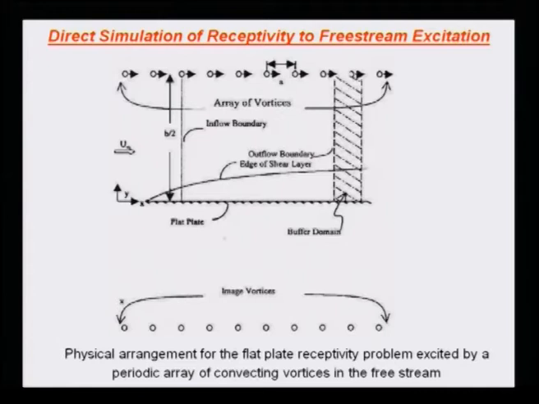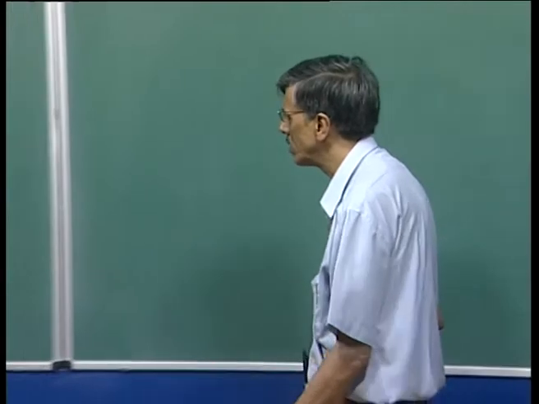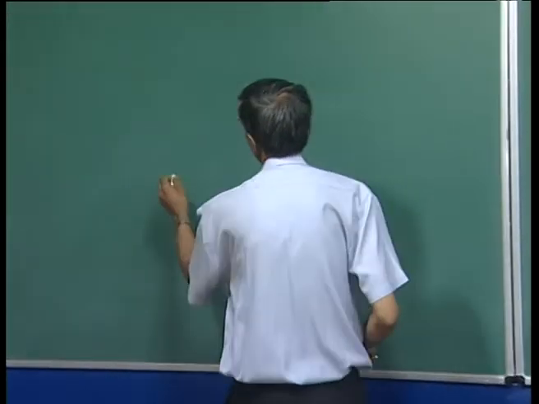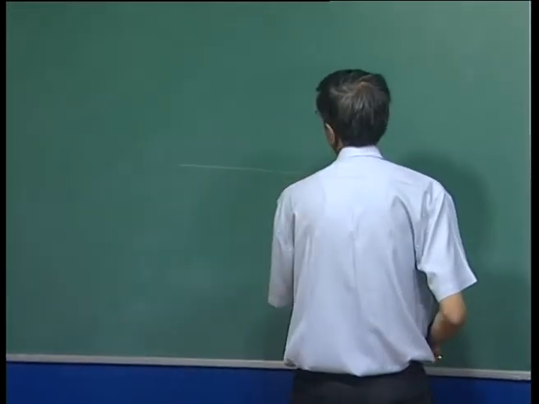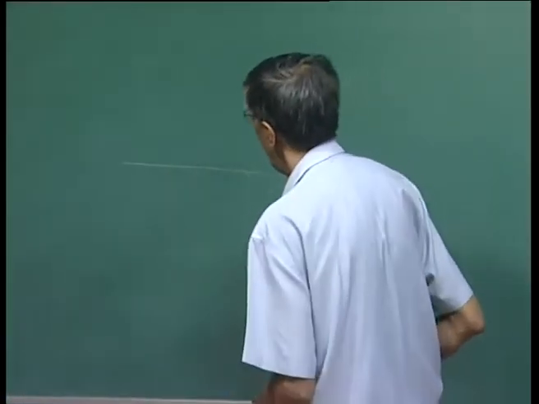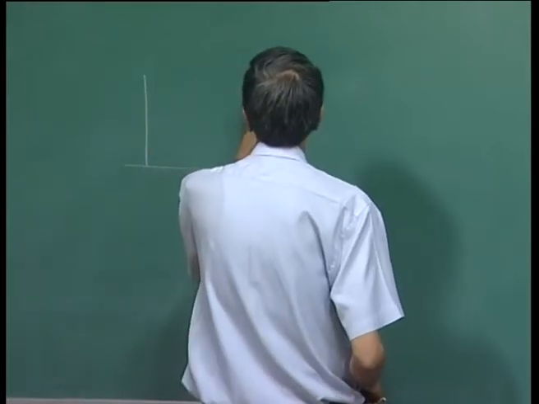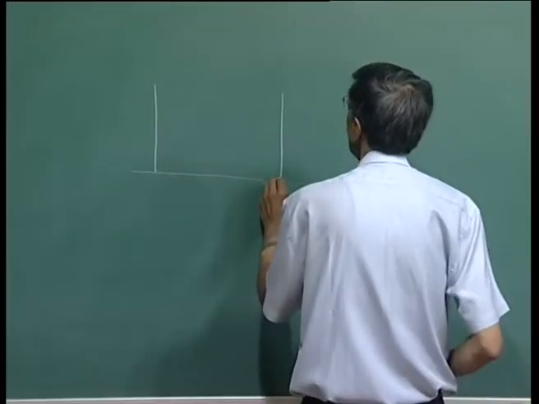Now let's see what we are doing here. What we are doing is the following: we have the plate here. The results that I am going to show you today include a domain like this, as we have seen.